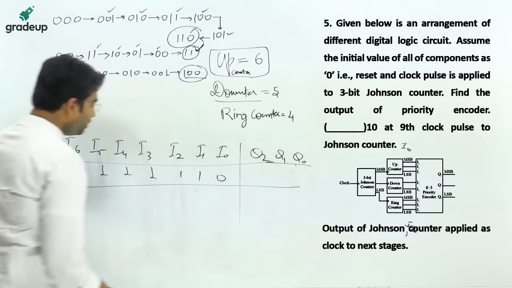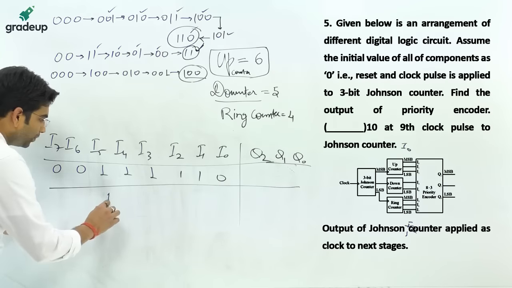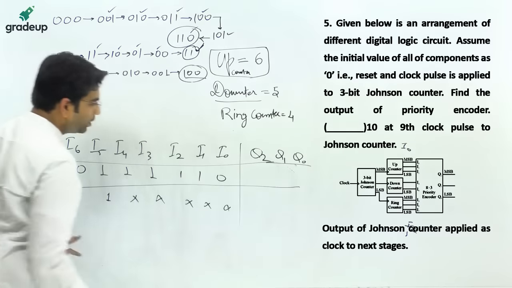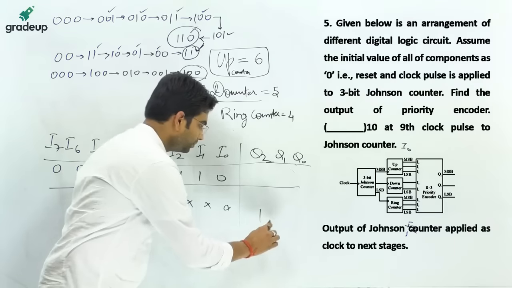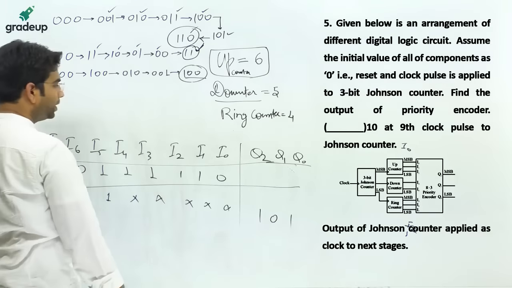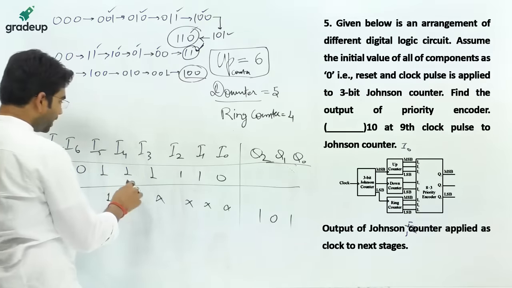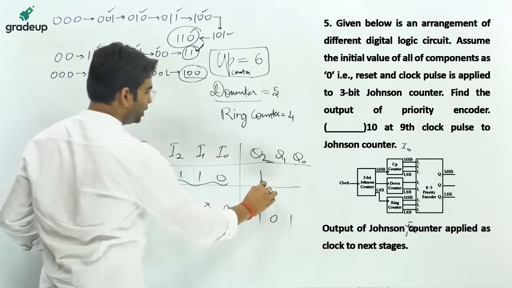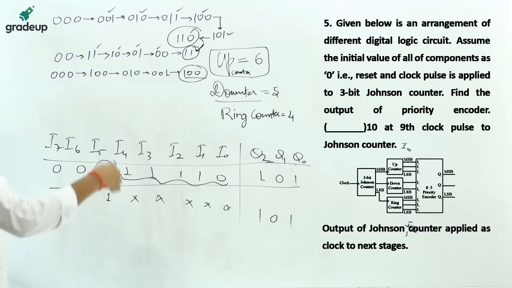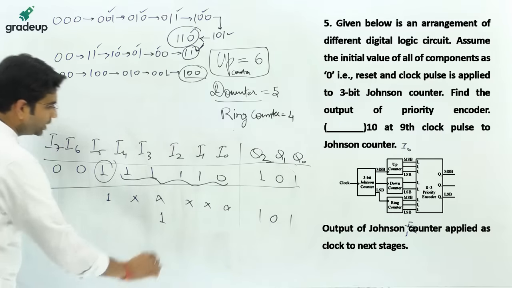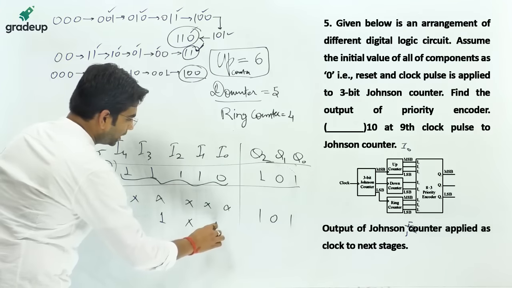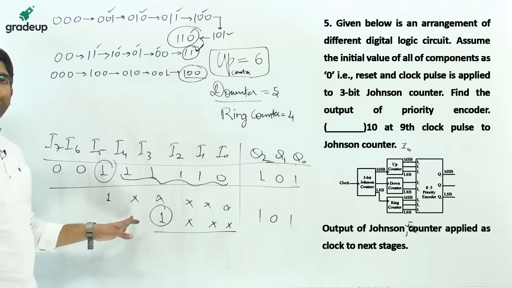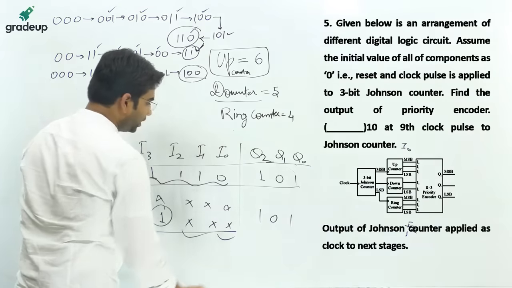So tell me, in a priority encoder, if I5 is 1, then whatever the other values are, it will decode it as 5. Likewise, whatever value is here, if I5 is 1, so it will be 5. In a priority encoder, if the value of I3 is 1, whatever the others are, it means if your MSB is 1, the highest MSB is 1, then whatever the other values are, it won't affect.